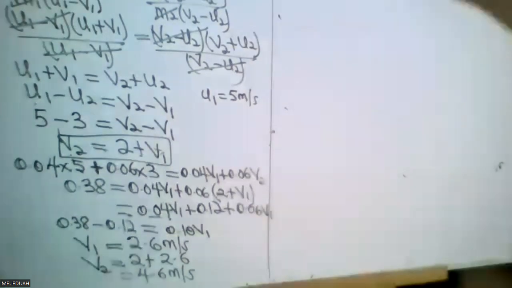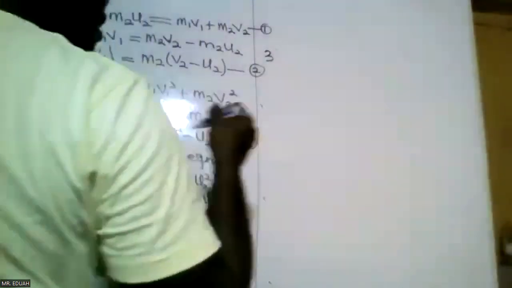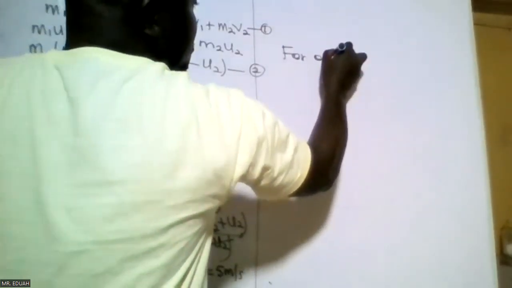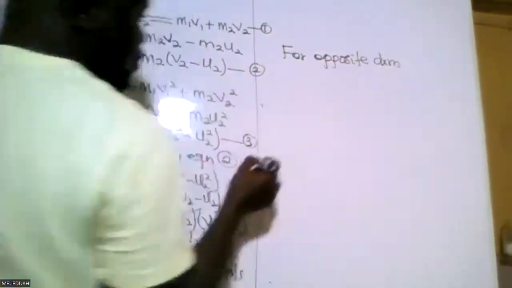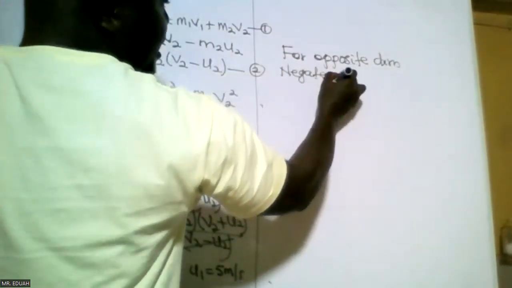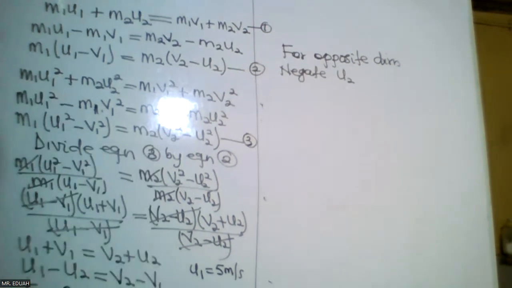So here you aren't going to derive another equation. All that you do is that for opposite direction, you negate U2. You are negating U2 because at the end of it, it will give you a lesser momentum than M1, U1.